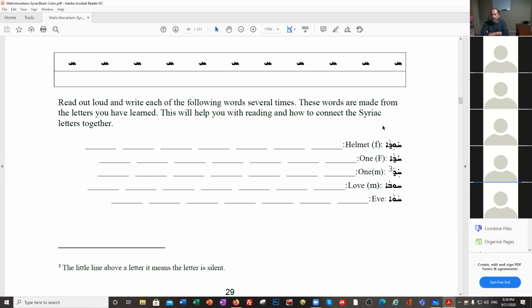How do we say love in Surit? Can anyone read it? Is it hubba? Hubba. Yes. And finally, Eve.